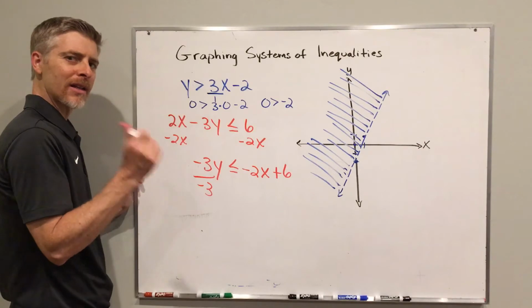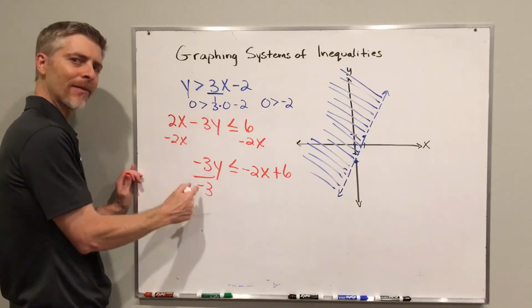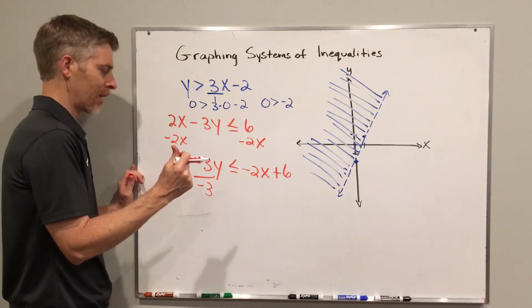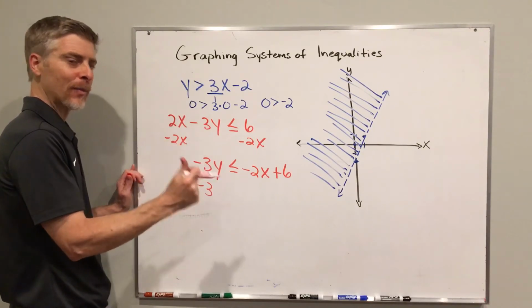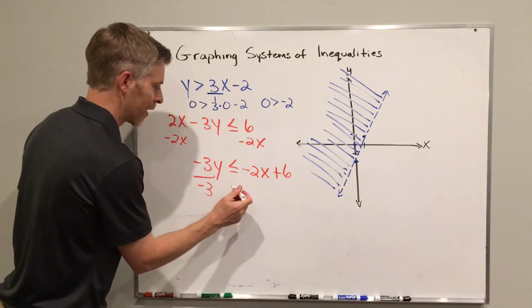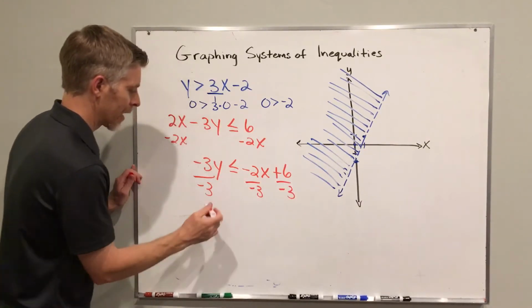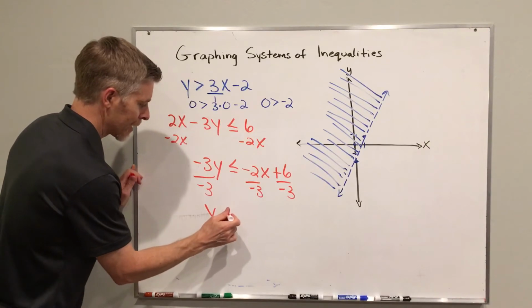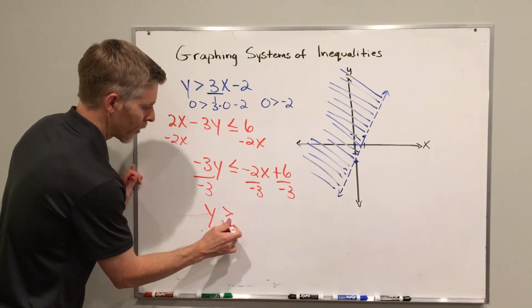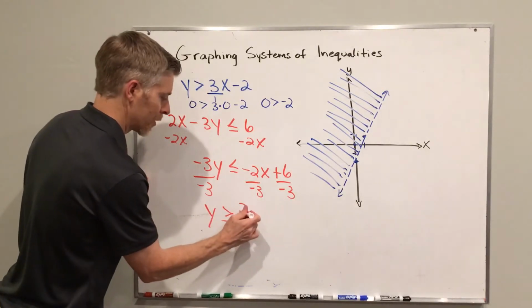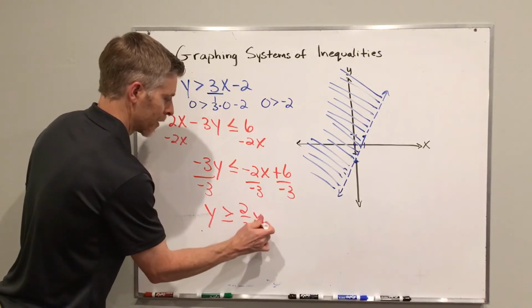As soon as I say, or you say in your head, I have to divide by -3, that should trigger a warning that, oh, I have to flip the arrow because I just divided by a negative. So make sure you flip the arrow. So this is y is greater than or equal to, and I've got a negative over a negative, which turns into a positive fraction.